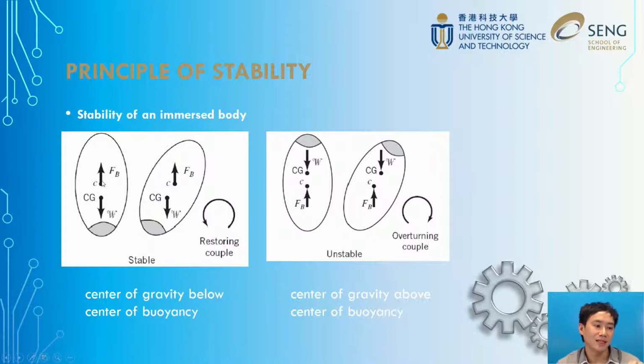If you can achieve that in an airship kind of situation, you don't need to worry about the stability in the pitching and rolling direction. They will satisfy the stability condition automatically if you put it in the correct manner. All you need to worry about in the airship situation is only the stability in the yawing direction.